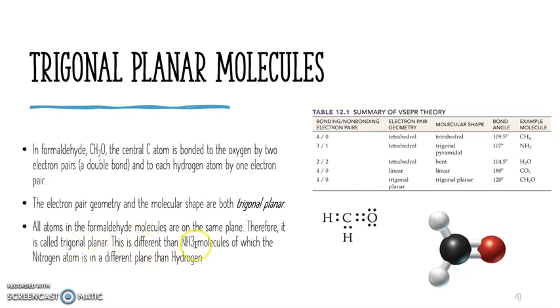And this is different from the ammonia molecule, NH3, in which the nitrogen atom is in a different plane than the hydrogens. So for ammonia, it's not trigonal planar, it's trigonal pyramidal. That will be the end of the last topic of this chapter about the electron pair geometry and the molecular shape.